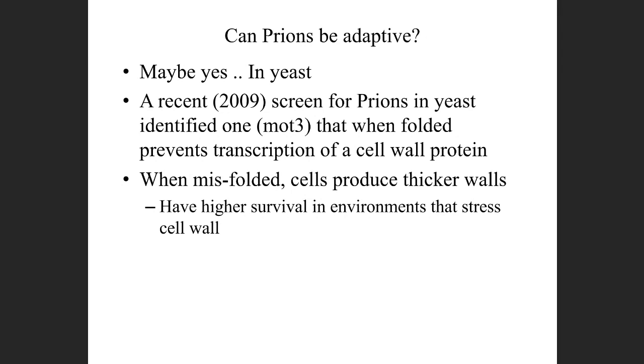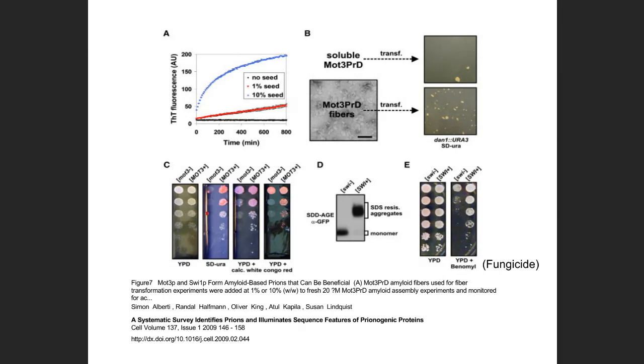And that will give them a higher survival in environments that stress cell walls, where having a thick cell wall is advantageous. And like I said before, the opaque form is resistant to some immune responses in hosts. So there's good indication that it can be adaptive in some contexts.